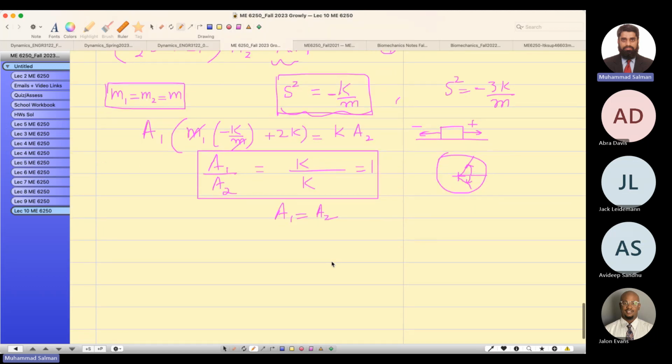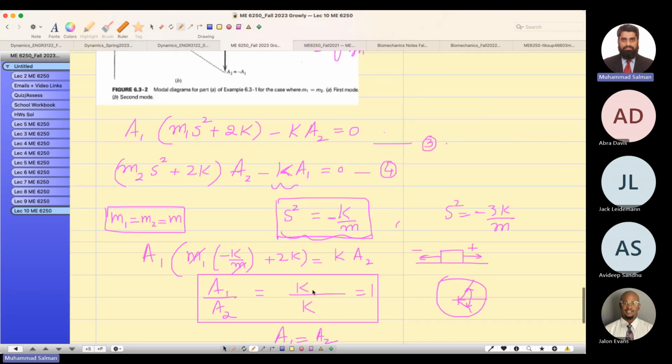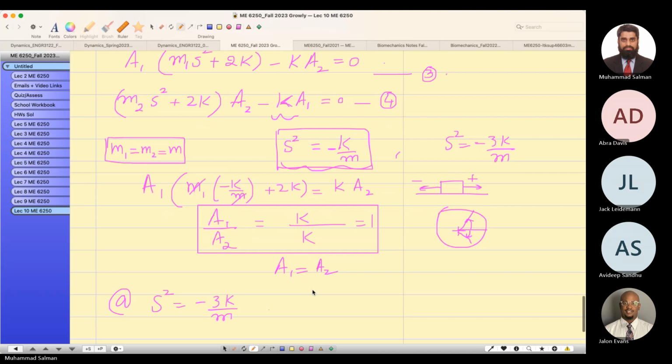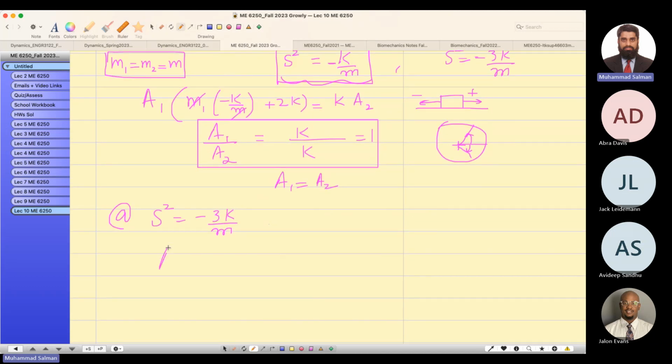Now let's do the second mode at frequency negative 3k over m. What is the ratio? You can use either equation number 3 or equation number 4. You should get the same answer. So let's use equation number 3, A1 m plus 2k.